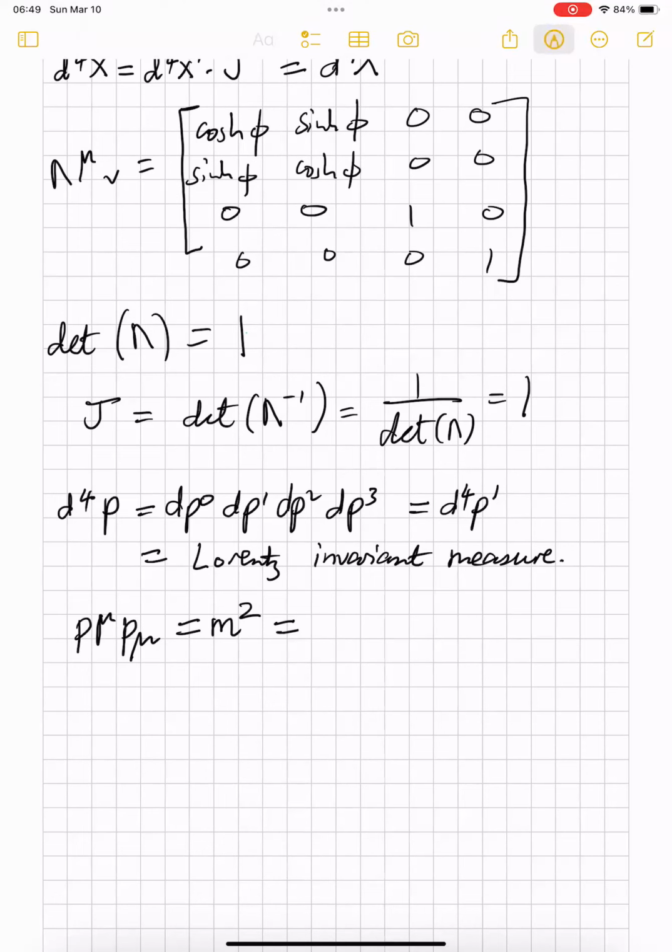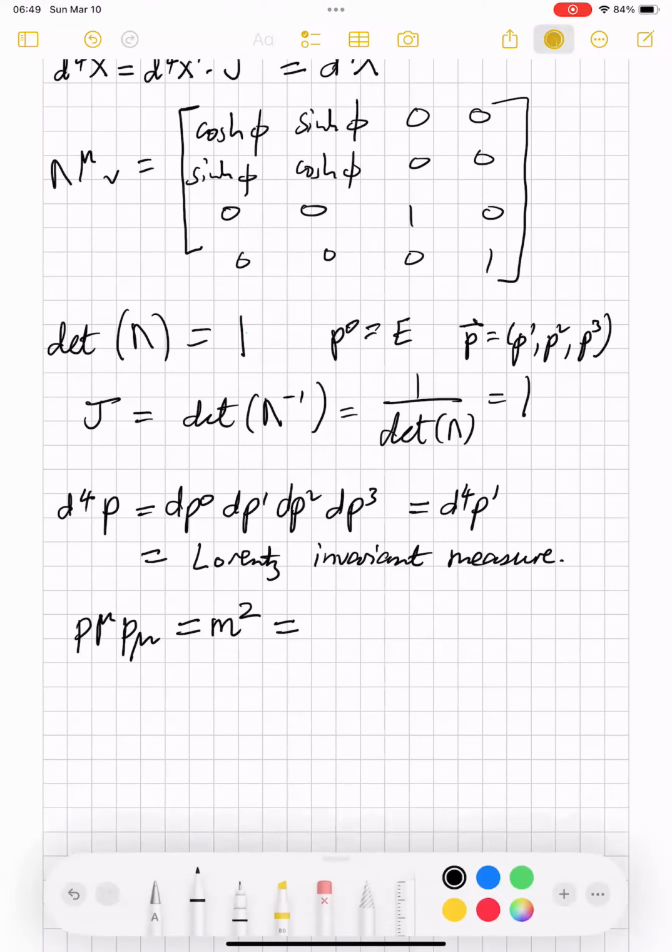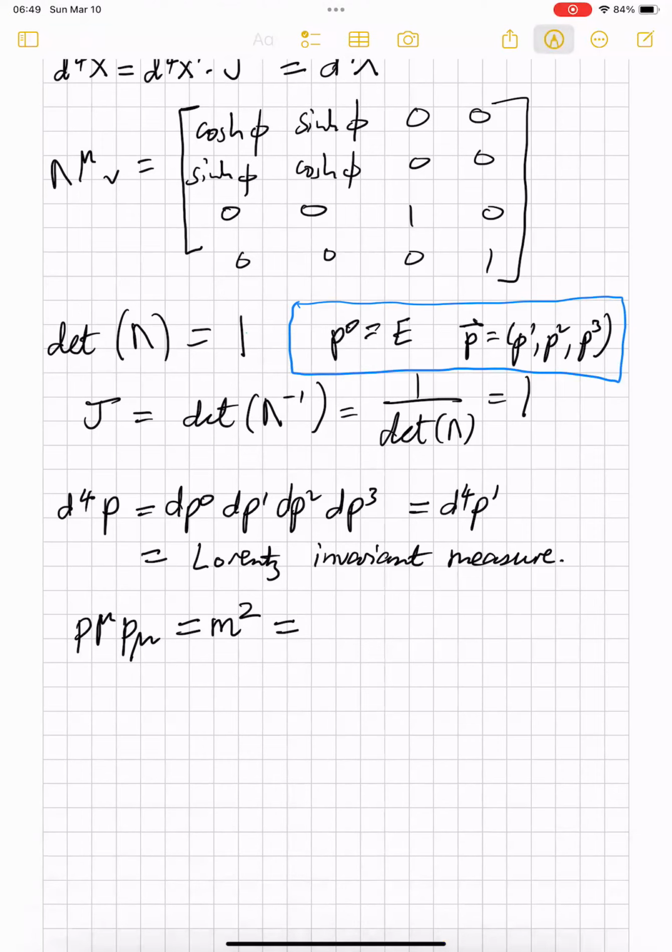By the way, we often call p⁰ the energy, and the vector p would be p¹, p², and p³, okay? So I will often use this notation for the components of the energy-momentum 4-vector.